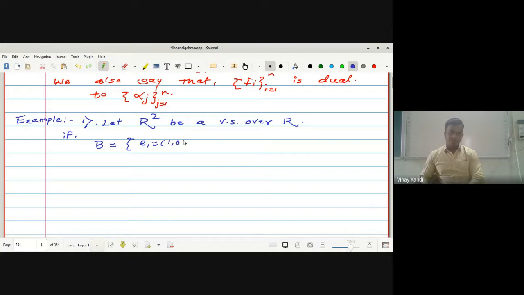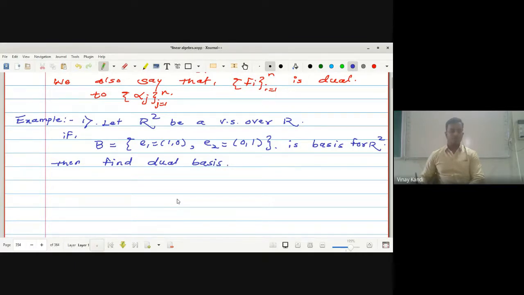The basis E1 is equal to 1, 0, and E2 is equal to 0, 1. Here B is given to us, the standard ordered basis, which is a basis for R2. Then find the dual basis.